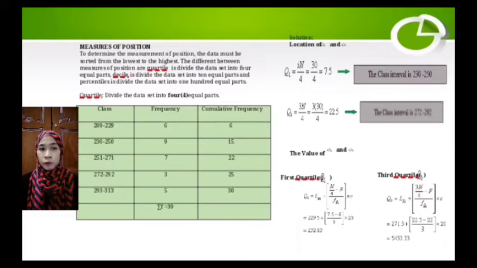For quartile 1, the answer is 7.5. The class interval is 213 to 215. For quartile 3, the answer is 22.5. The class interval is 272 to 292. For the value of the first quartile, the answer is 232.83, and the third quartile is 5,433.33.